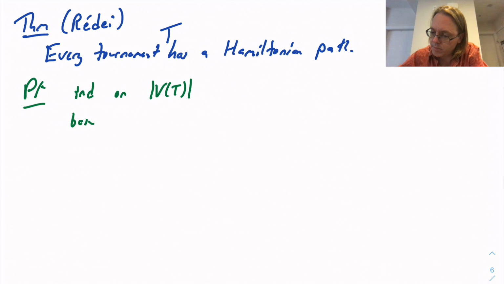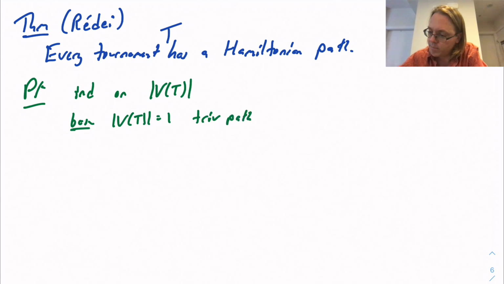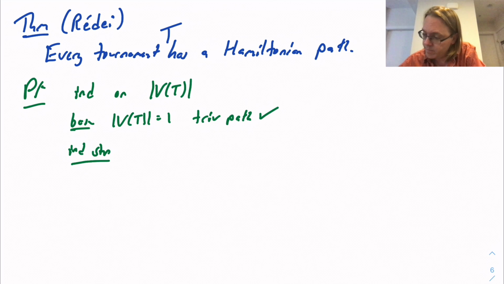So if the number of vertices of T equals 1, you use the trivial path, and that works. For the inductive step, we are just going to choose any old vertex v.